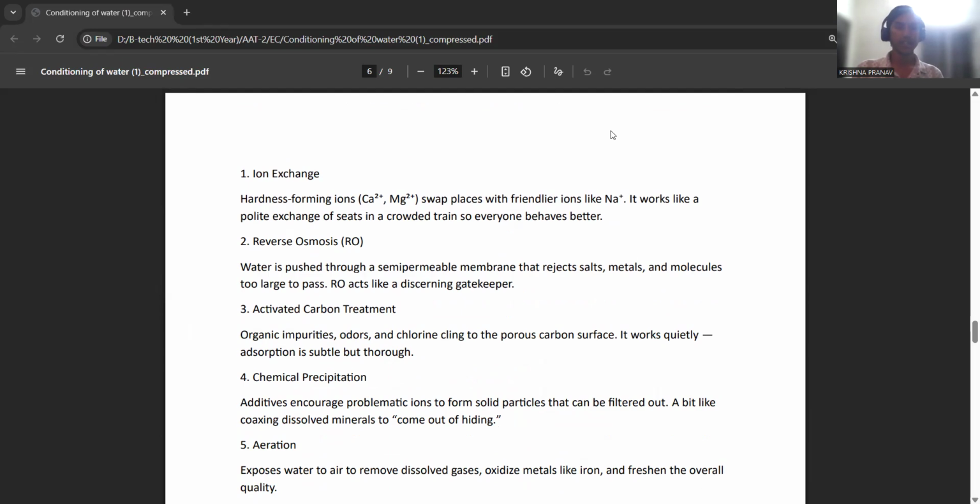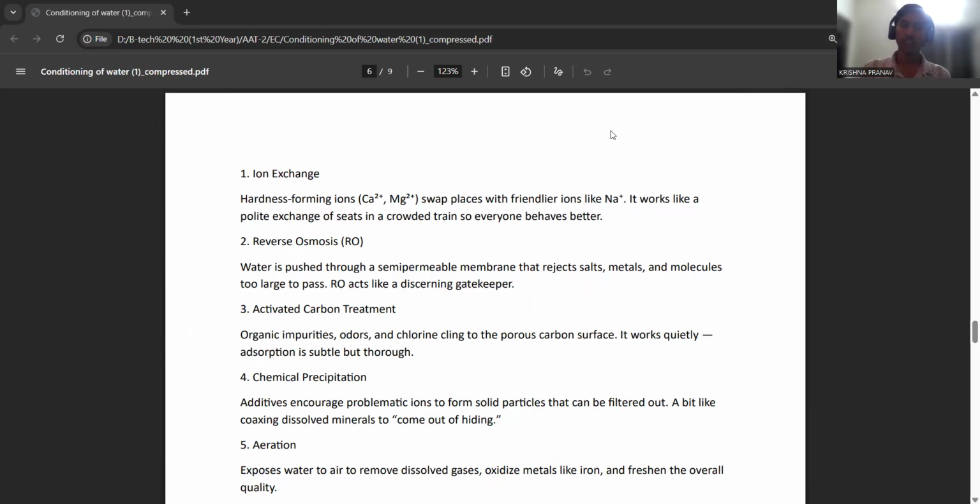Chemical precipitation. Additives encourage problematic ions to form solid particles that can be filtered out, a bit like coaxing dissolved minerals to come out of hiding.